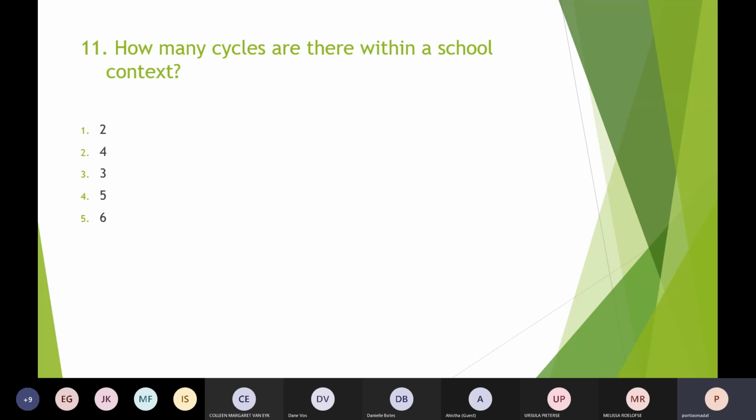Danae, what do you think? How many cycles are there within a school context? Danielle, Melissa, what do you think? Ilse? I'm not sure what cycles are being referred to.